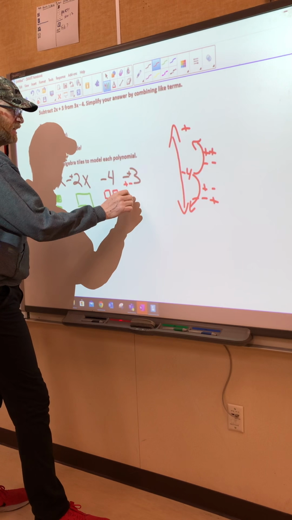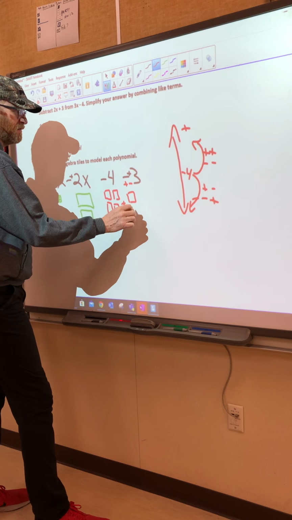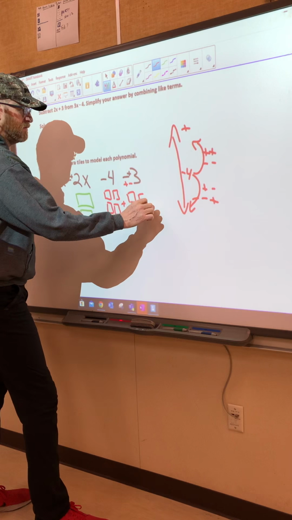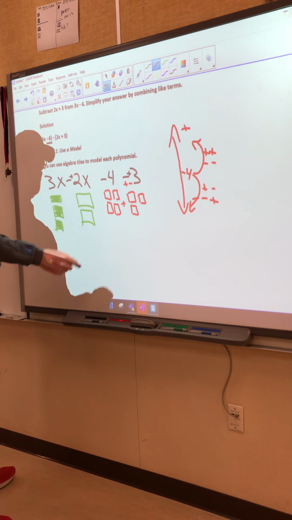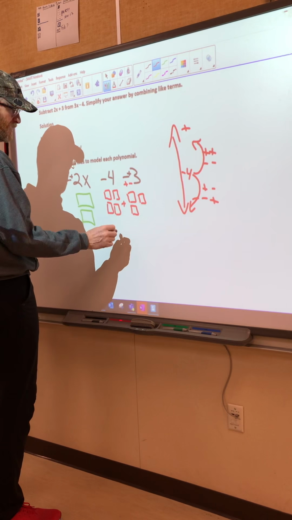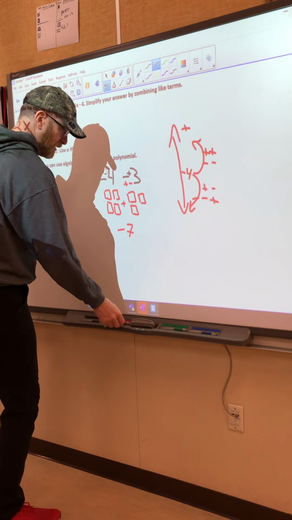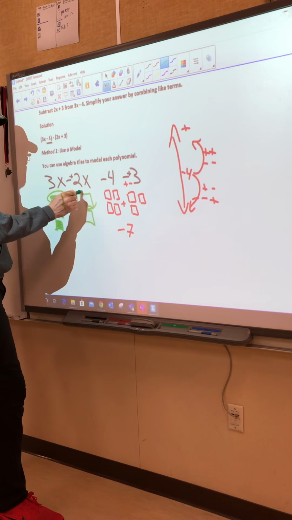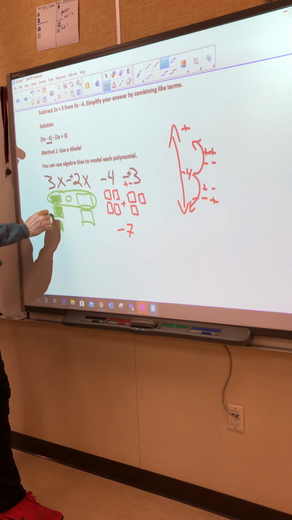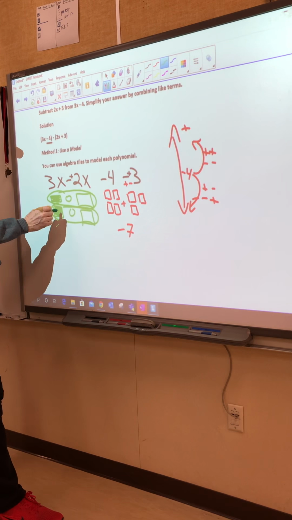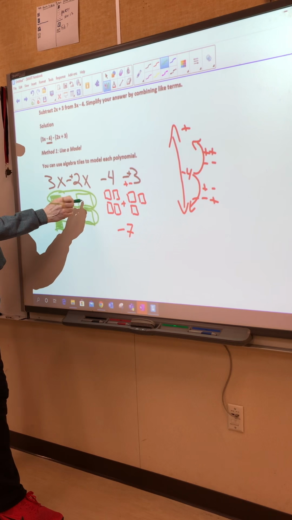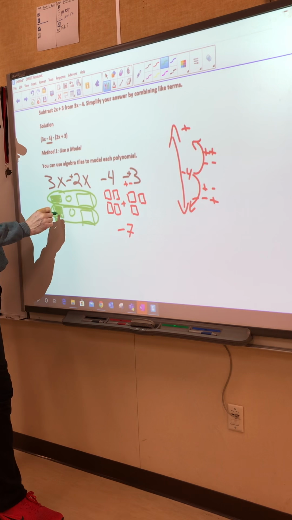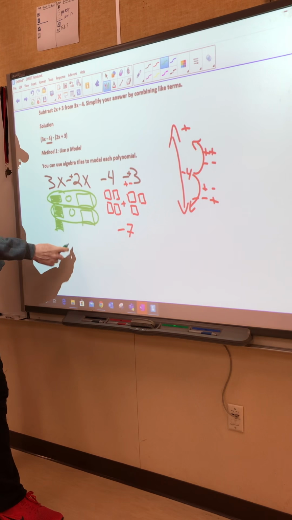So if we add negatives, okay, we've got whole or colorless ones here. So we got 1, 2, 3, 4, 5, 6, 7. Is it negative 7? And then over here we've got 0 pairs. Look at that. And another 0 pair, because this is positive x, negative x, positive x, negative x. 1 left.